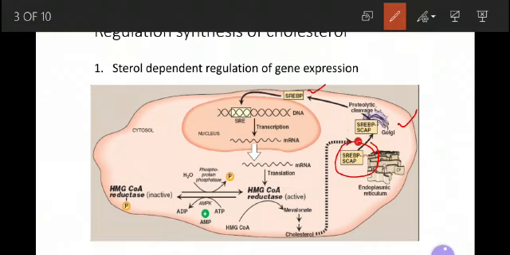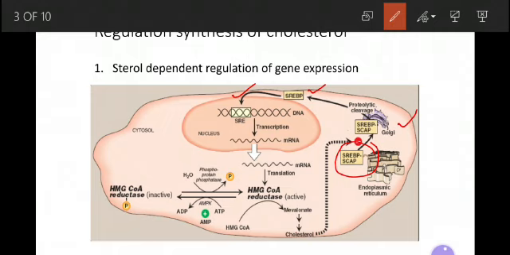Then SREBP will be converted into the solubilized form, and it will enter the nucleus. In the nucleus, it will bind at the DNA at SRE, the sterol regulatory element. In gene expression, we use the word element for a part of the DNA which is involved in the regulation of gene expression.